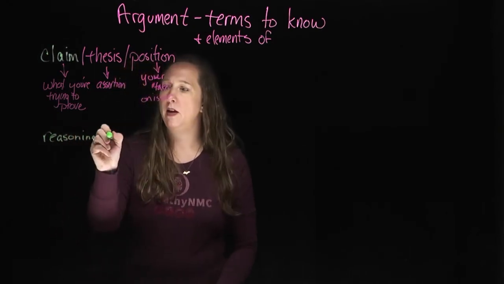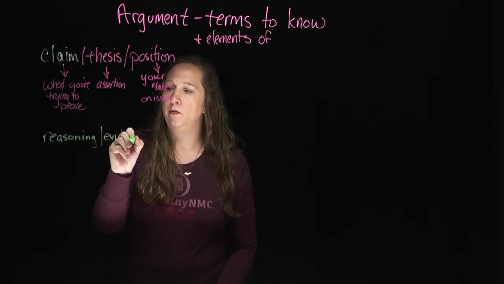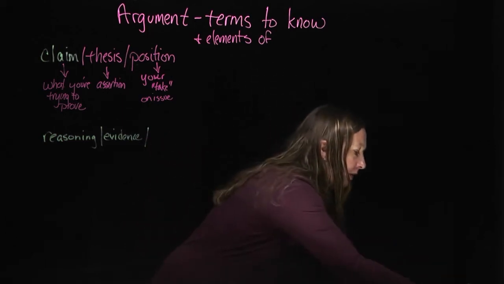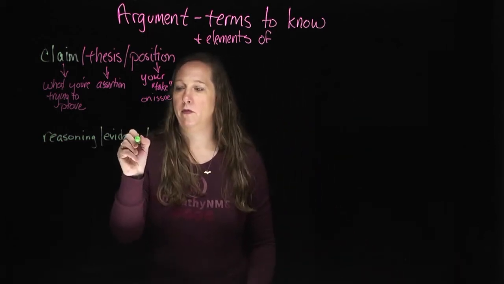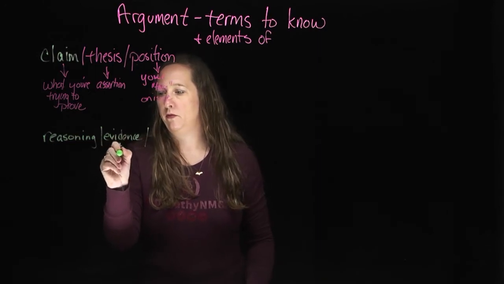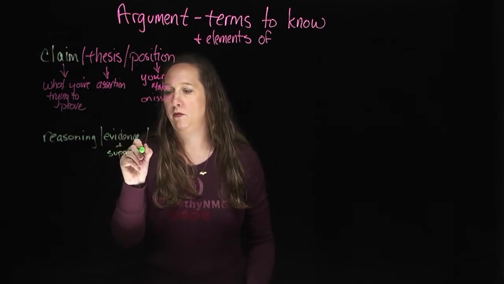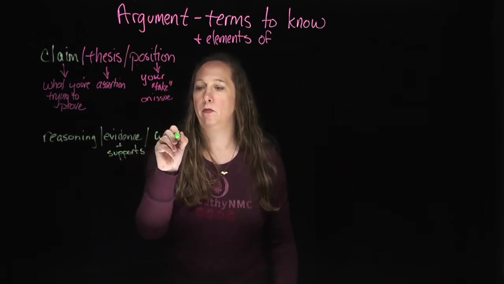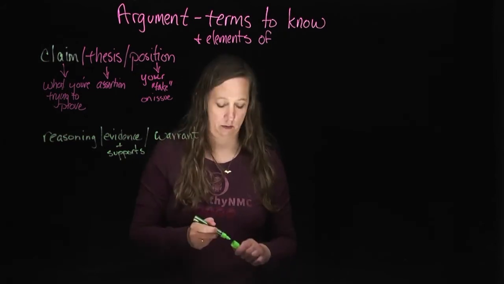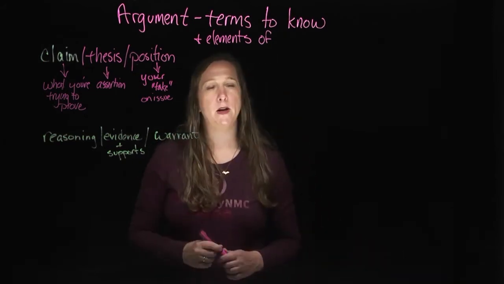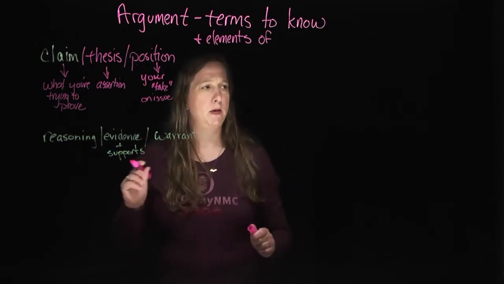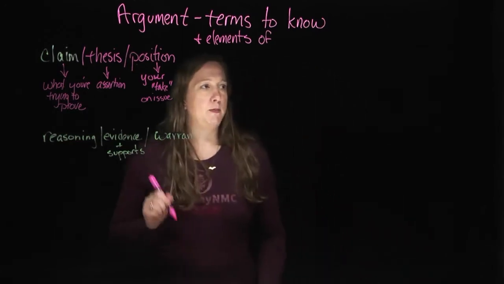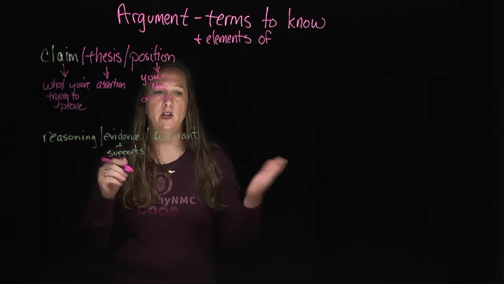Reasoning, evidence, and supports and warrant. And in case you're wondering, warrant is spelled with 2 R's and an A, not an E. People seem to misspell that one all the time, including me when I'm writing quickly. That's the correct spelling.